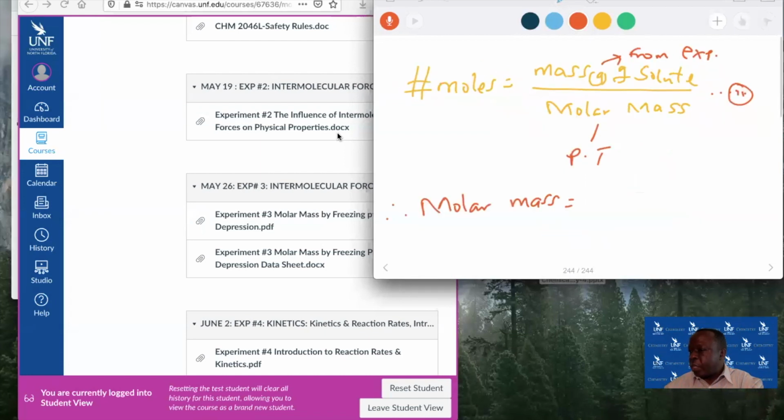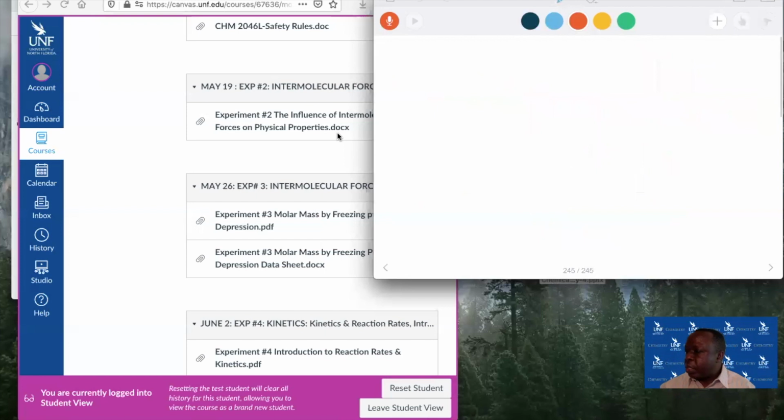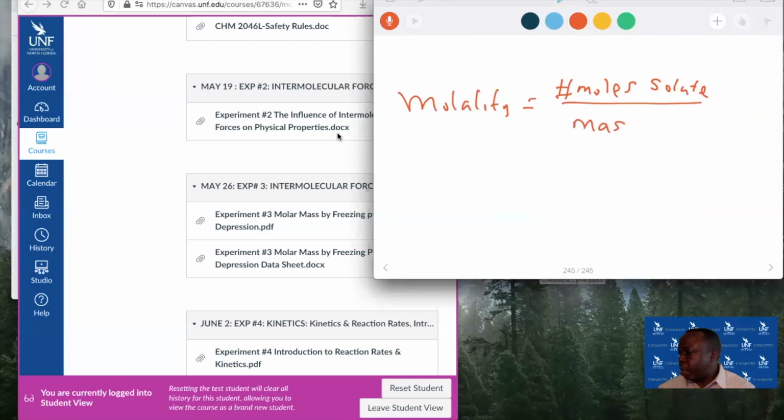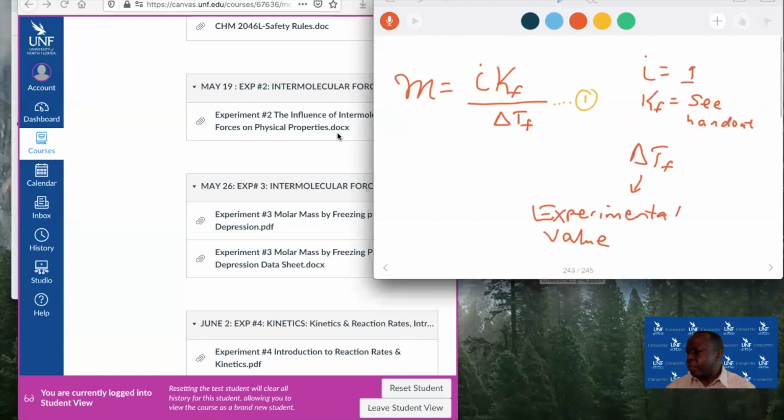Remember, molality is given by number of moles of solute over mass in kg of solvent. So this is equation 2, you will need this equation 2. From the first one, right here, you can rearrange to get the molality, this over that. This is equation 1 from the experimental data.